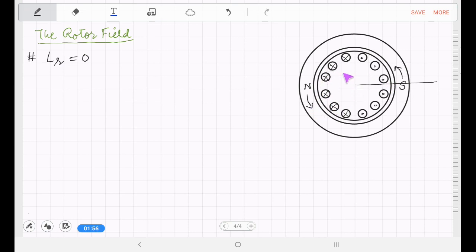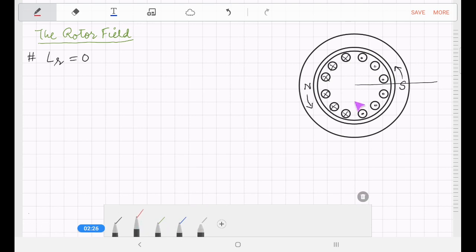Therefore, the rotor currents will establish a flux which will be directed downwards. In other words, a north pole will be developed in the lower half of the rotor and a south pole in the upper half of the rotor.